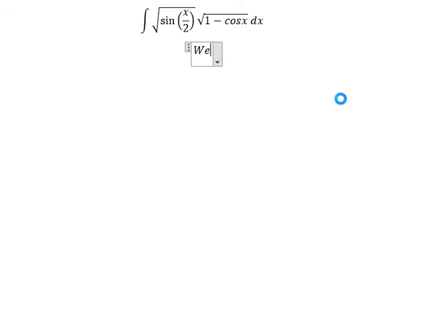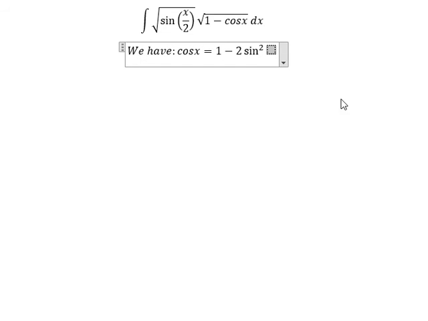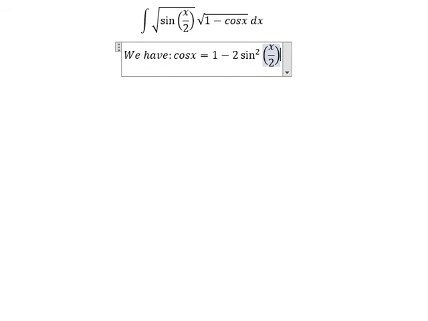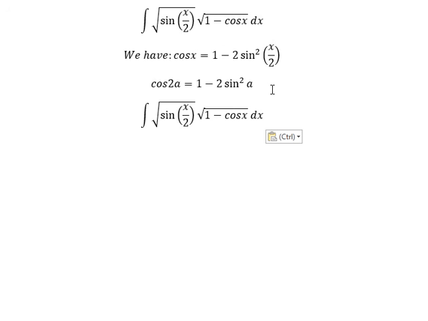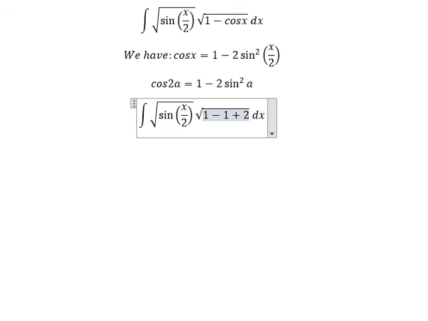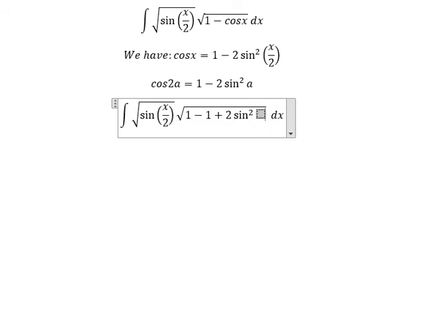First, we have cosine s equal to 1 minus 2 sine squared of s over 2. I just apply this formula, that's about cosine 2a equal to 1 minus 2 sine squared a. Later we put this one in here and we got negative 1 plus 2 sine squared of s over 2.